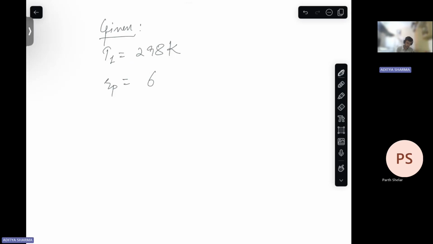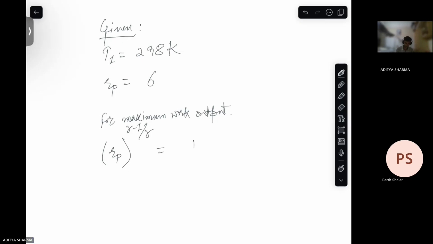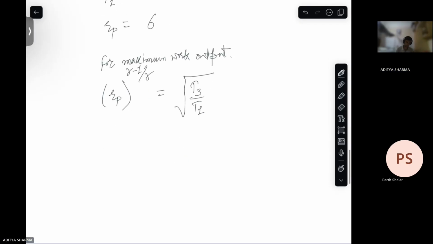Now for maximum work output, we have Rp raised to gamma minus 1 by gamma equals to T3 by T1.